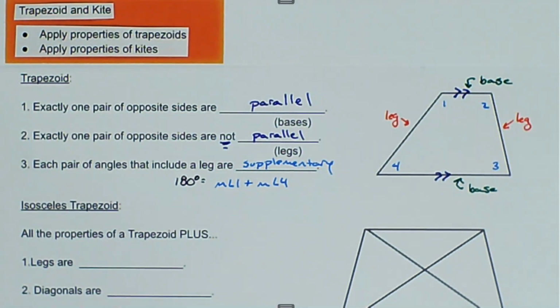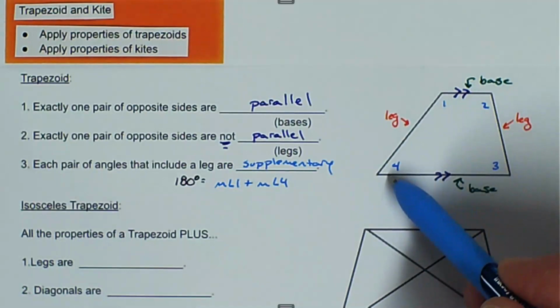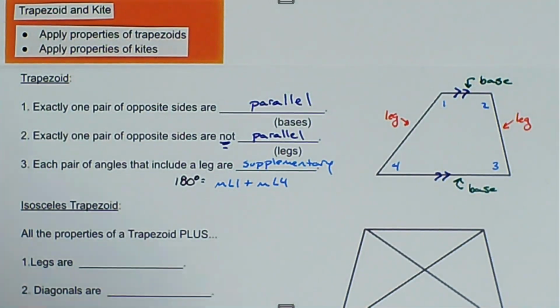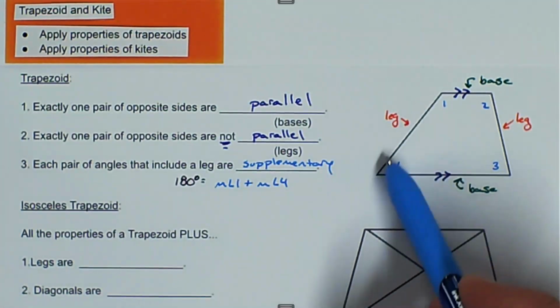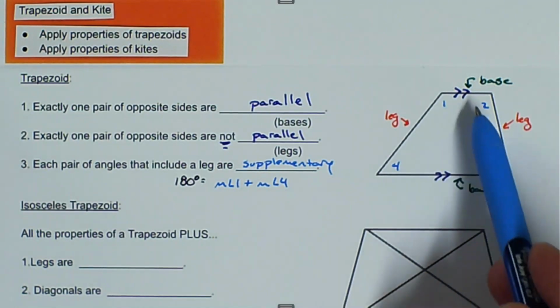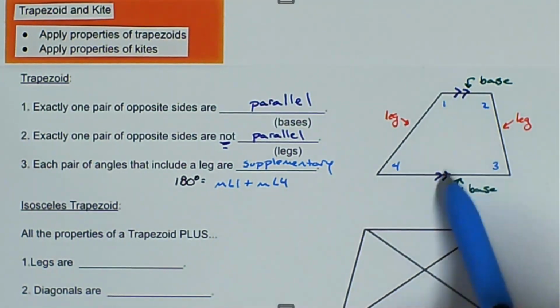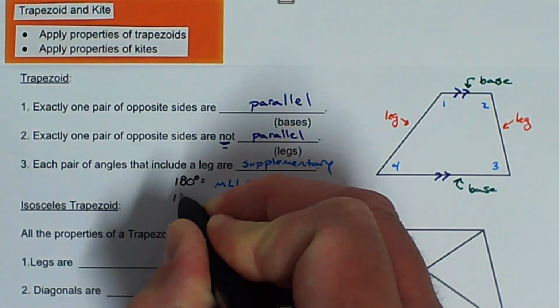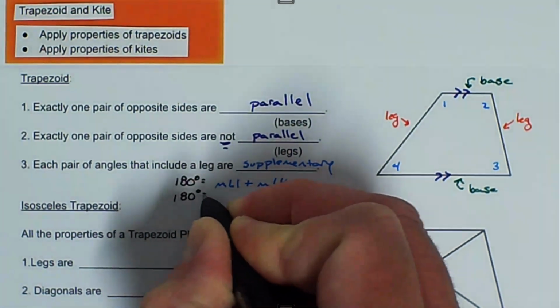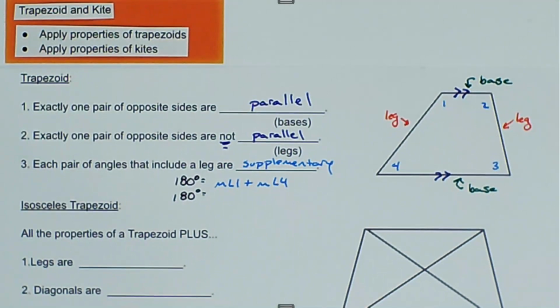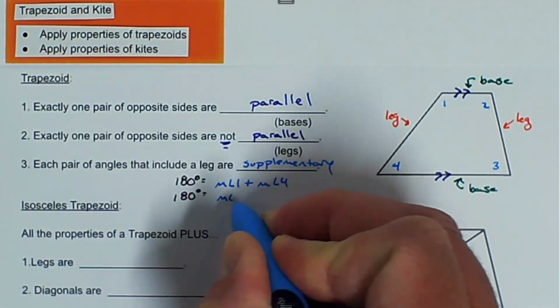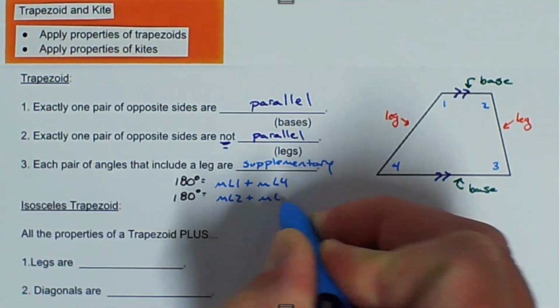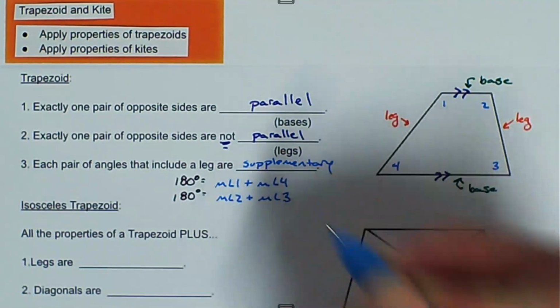So each pair of angles that include a leg, angle 1 and angle 4, both include this leg, so they're supplementary because these sides are parallel. We can also say that 180 degrees is equal to the measure of angle 2 plus the measure of angle 3.